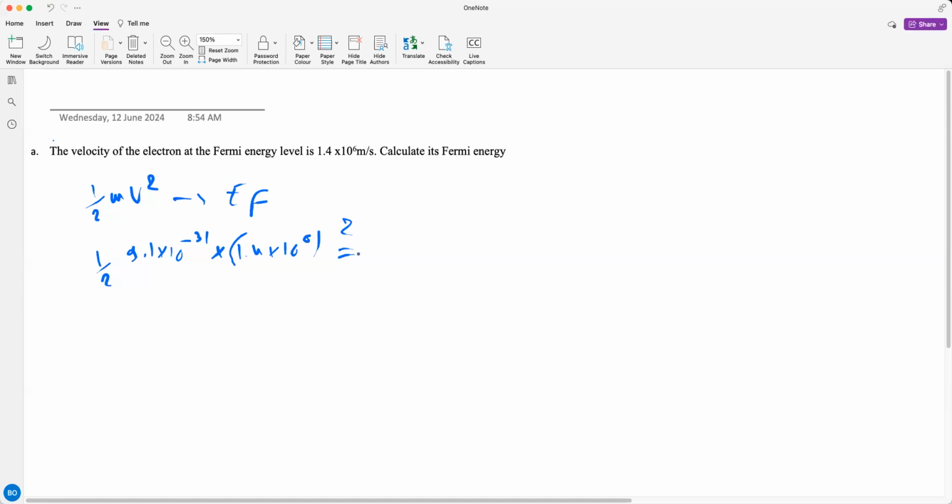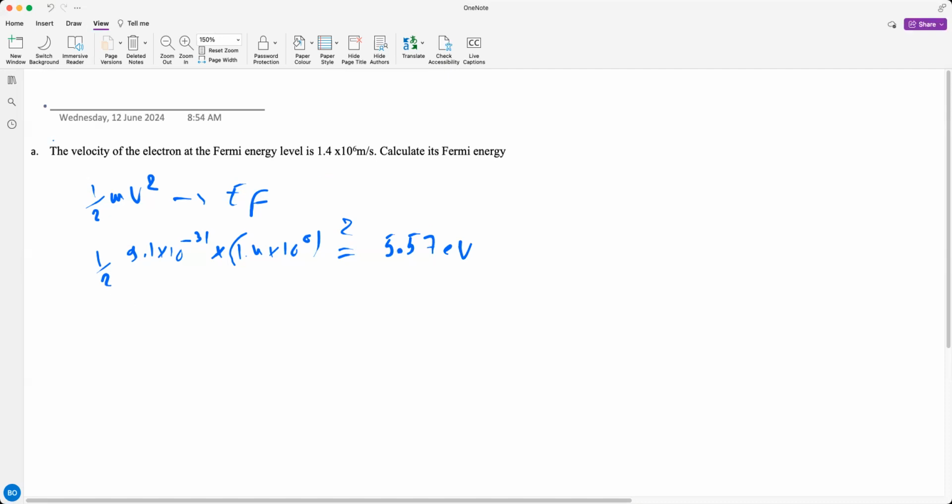So it's 1.4 times 10 to the power of 6 squared multiplied by 9.131 and then divided by 2. And if I divide by 1.6 times 10 to the minus 19, it gives me 5.57 electron volt. Okay.